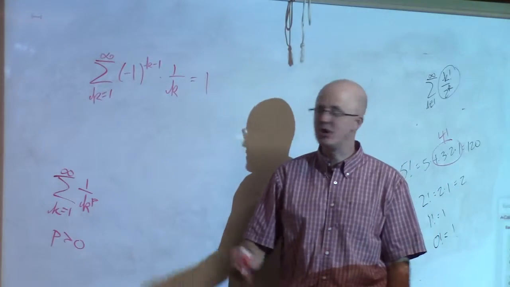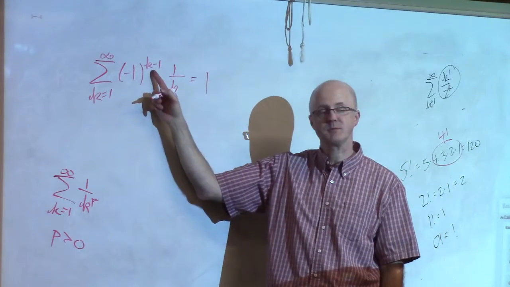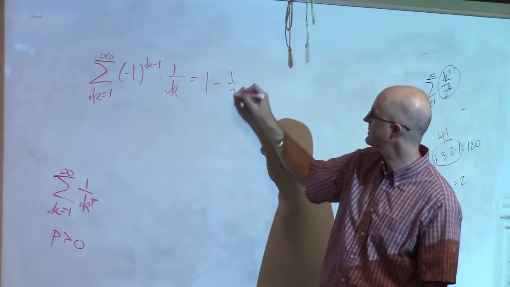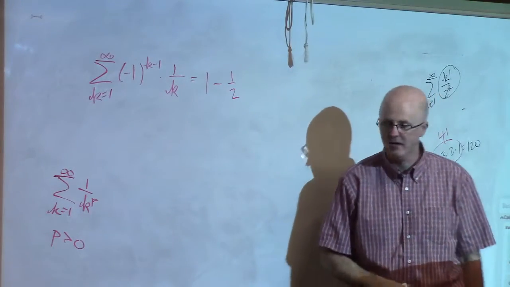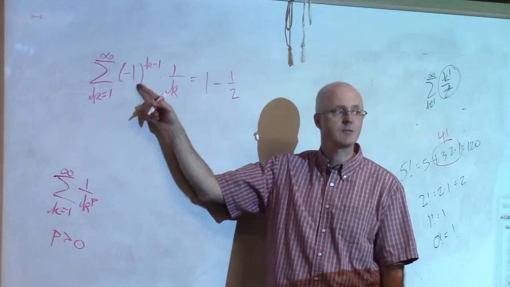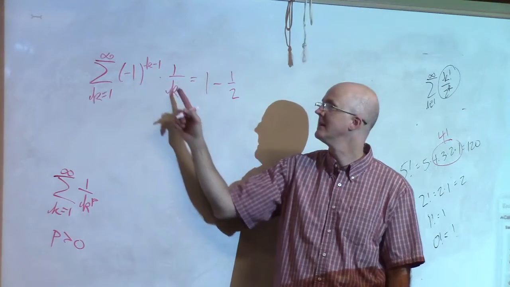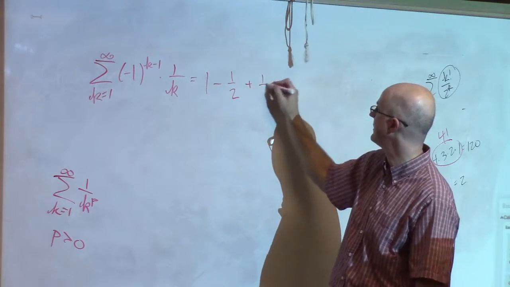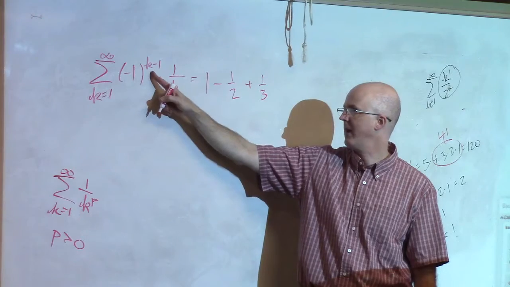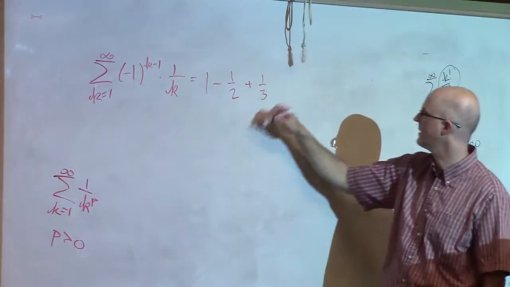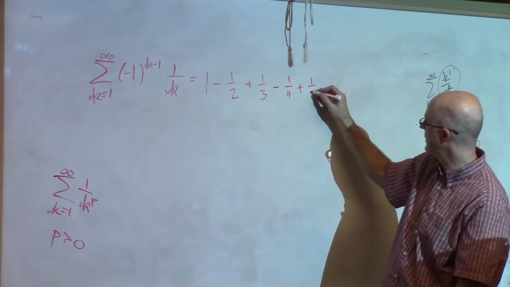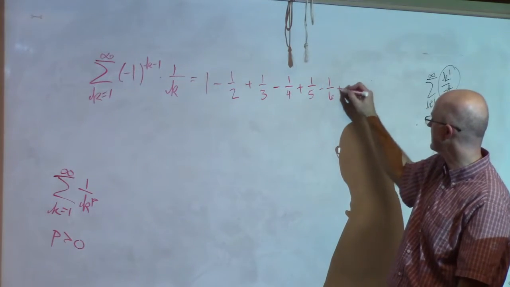When k is 2, you get negative 1 to the first power, which is negative 1, times 1/2. You get a minus 1/2. When k is 3, you get a second power there. Negative 1 squared is positive 1, times 1/3 is positive 1/3. When k is 4, this is a third power there. You get negative 1 times a fourth is negative 1/4. Etc. Then you get plus 1/5, minus 1/6, etc.